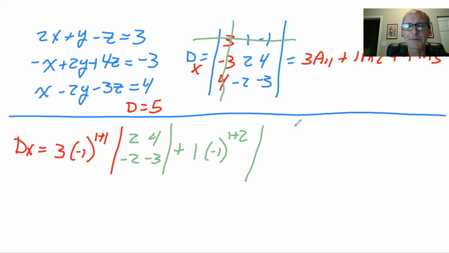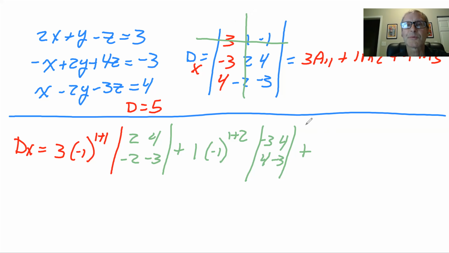And so what is this? We would cancel out, again, row 1, but now column 2. So that would be -3, 4, 4, and -3. So the next one would be -1, and then -1 to the 1 plus 3.